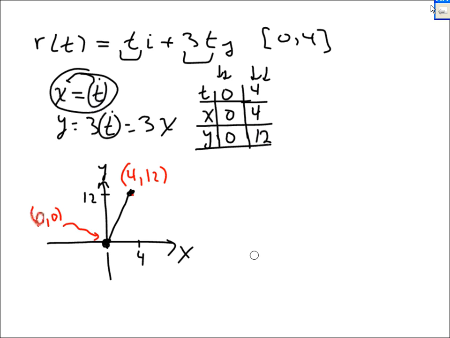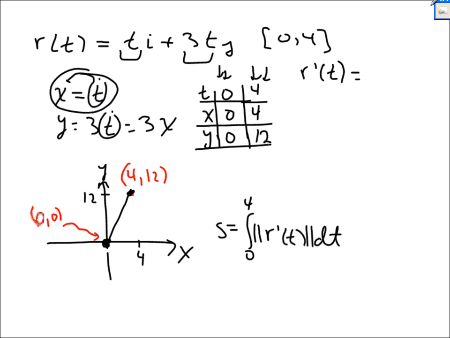But to practice the calculus, you have that the arc length is the integral from 0 to 4 of the length of r prime of t, dt. Well, let us calculate what r prime of t is. Here's r of t up here.